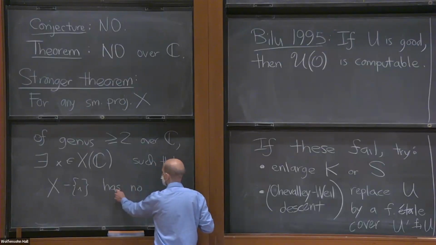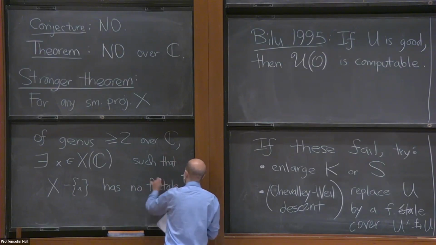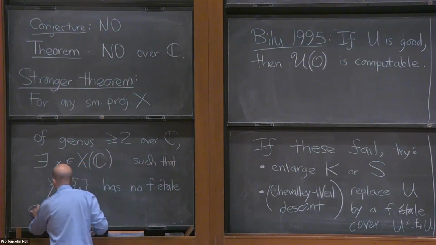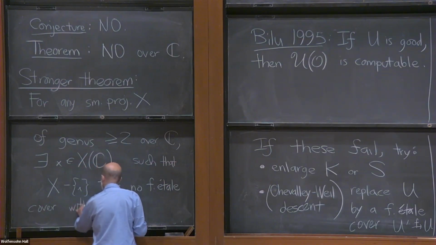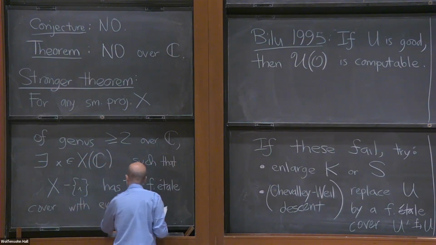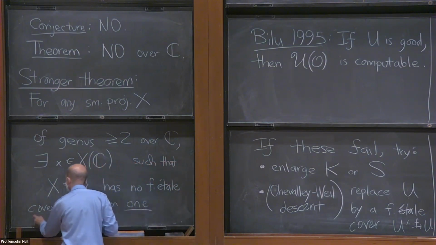So this affine curve has no finite étale cover with even one non-constant morphism to G_m.